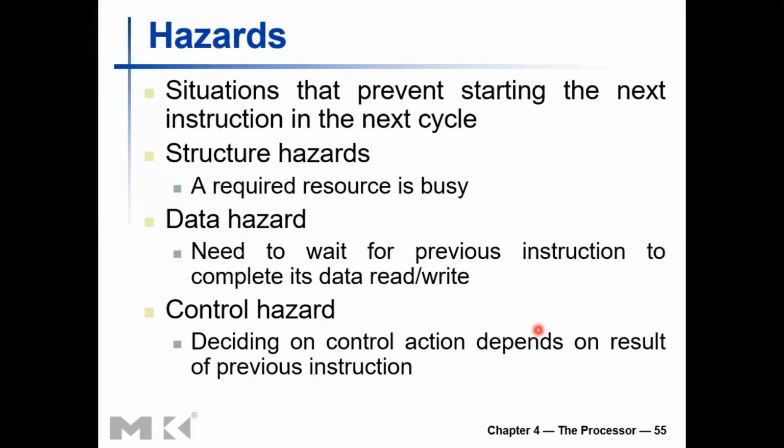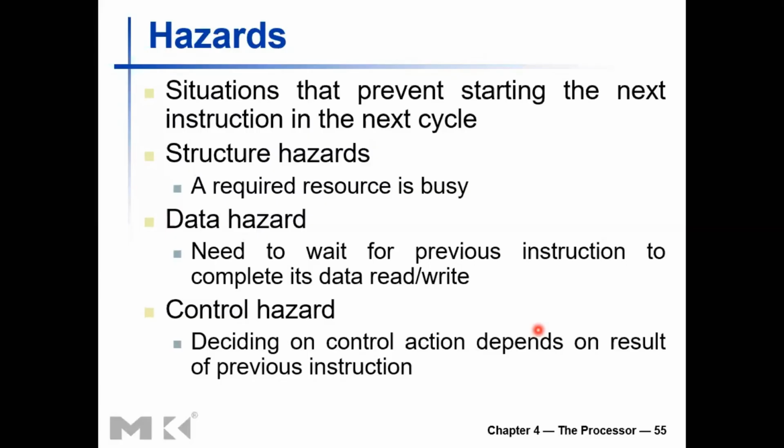Then data hazards, where your CPU needs to wait because a previous instruction needs to complete its data writing or reading before a next instruction can access the same piece of data, same register, same memory location, without any data corruption or reading wrong values. So that is a data hazard. We had a look at different data hazards as well.